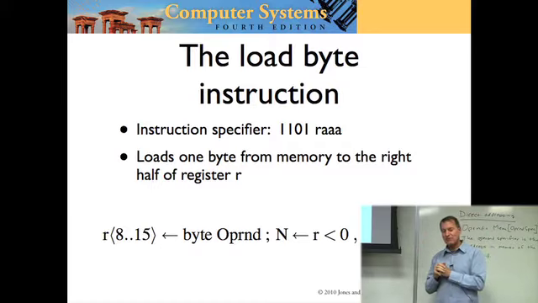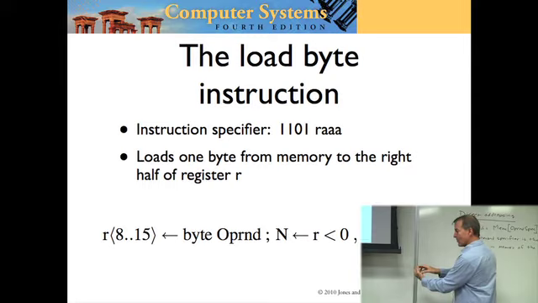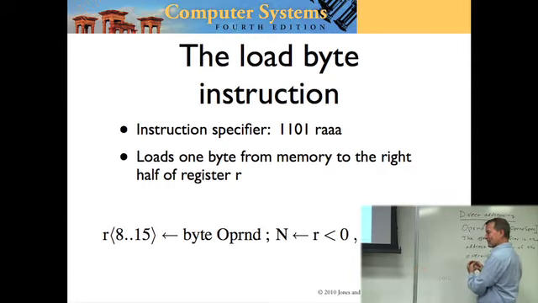Now, this has the potential for some confusion because if we're going to load a byte into a register, the question is, which part of the register are we going to load it into? Are we going to load it into the most significant byte or the least significant byte? Can you tell from the RTL specification which part of the register it goes into?